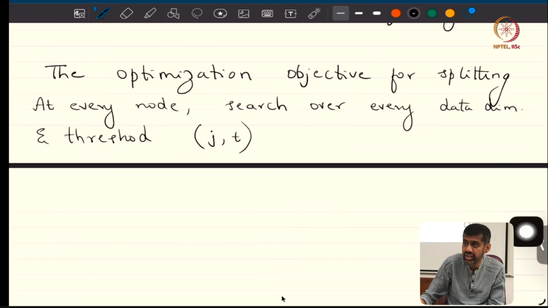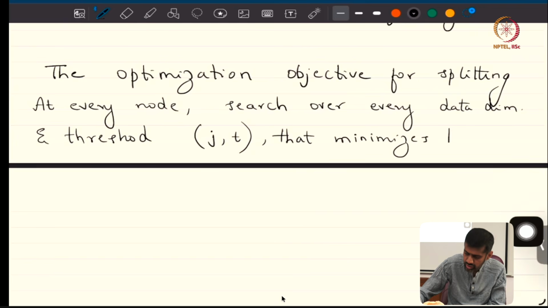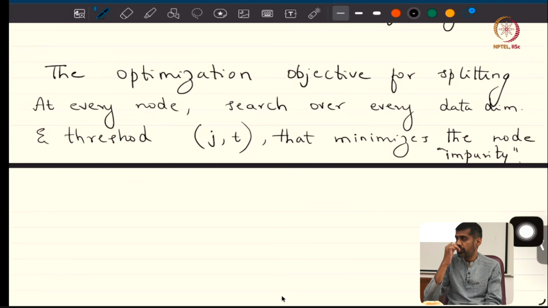J is the index of the data dimension and t is the threshold, that maximizes or that minimizes the node impurity. That's the idea. So, what are the choices that we have? We will have to choose a pair of data dimension and the threshold, choose that pair of data dimension and the threshold that would minimize the impurity of a node or impurity of a split.